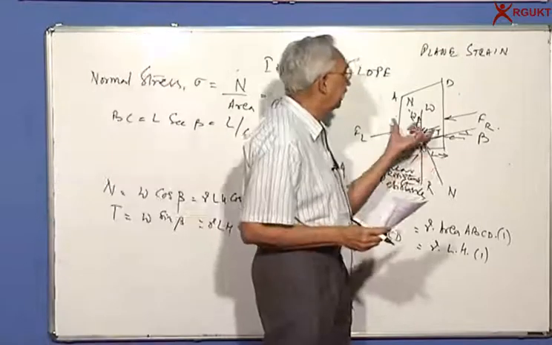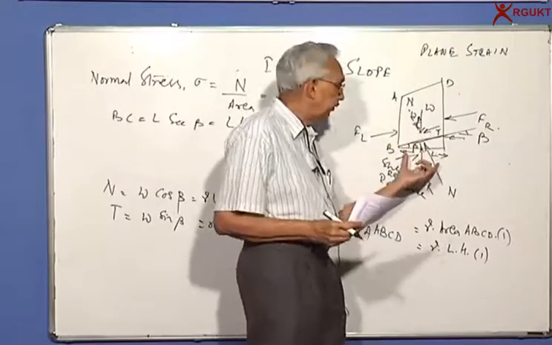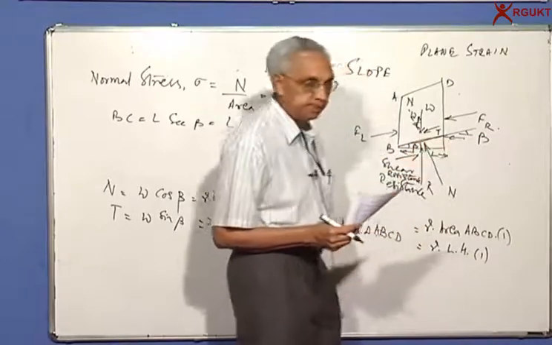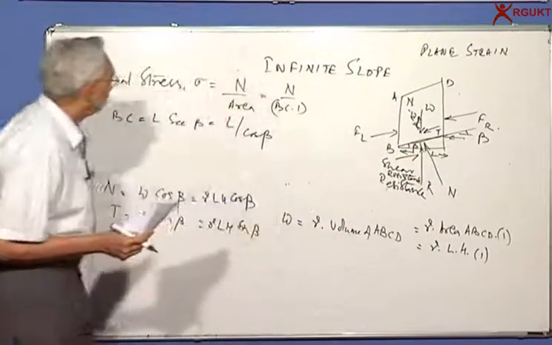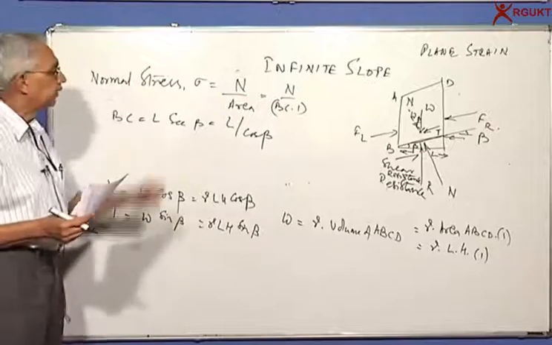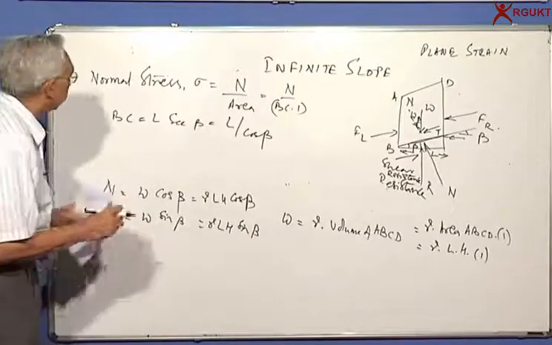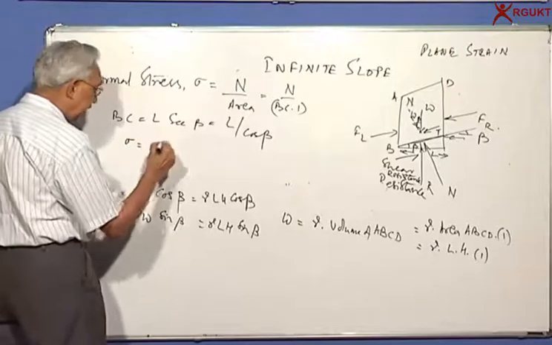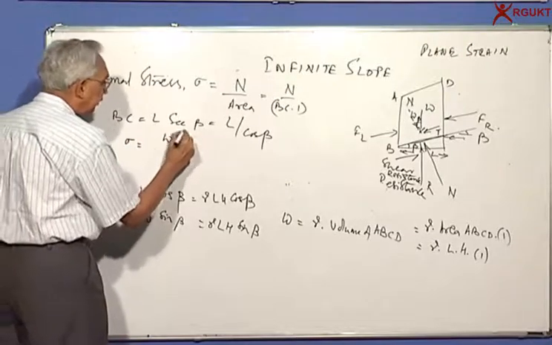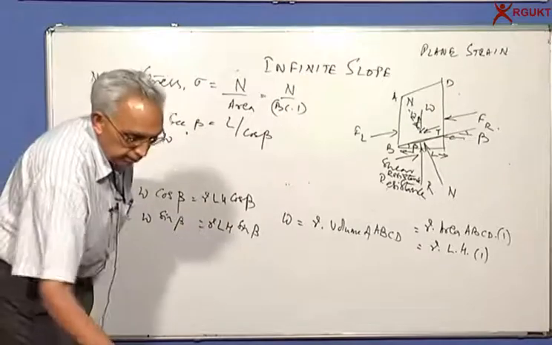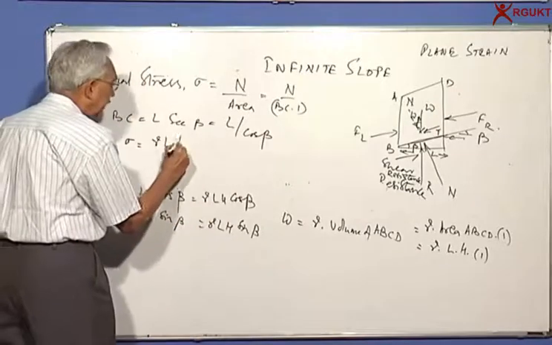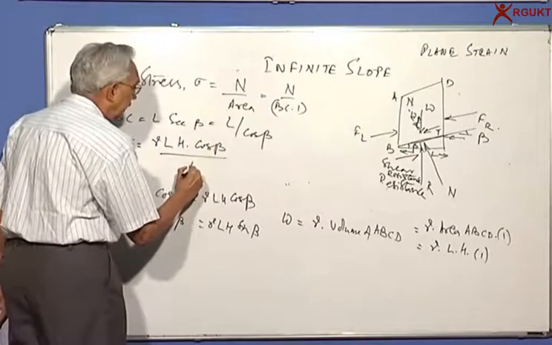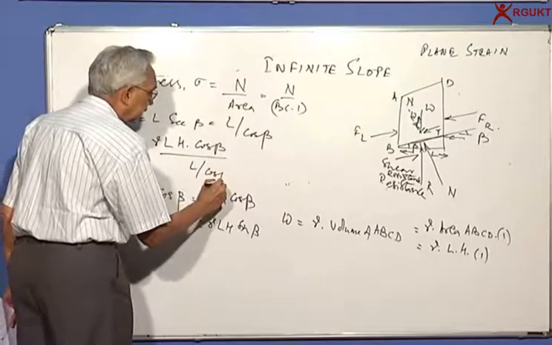BC, the length, is along the slope; the horizontal we showed earlier, and the angle is beta. So when I want to find out length BC, it will be equal to L secant beta, or I can say L by cos beta. Now if I want sigma, it is equal to N, which is gamma L H cos beta divided by L by cos beta.